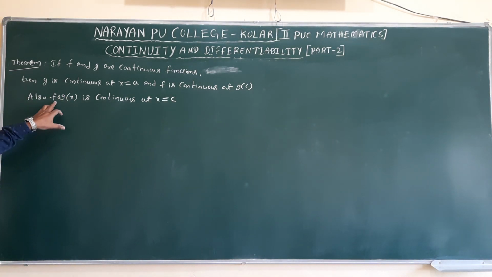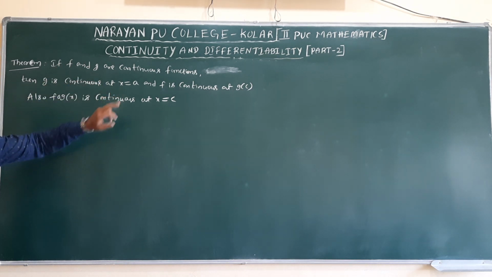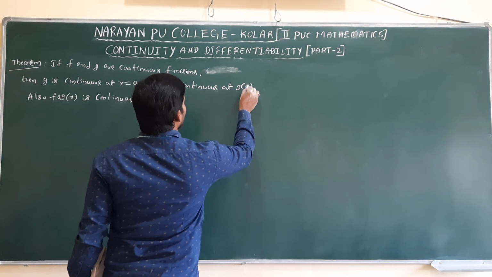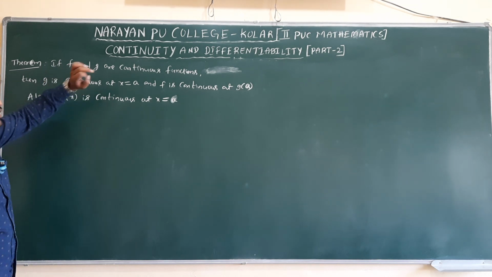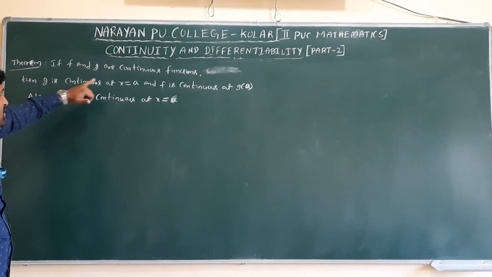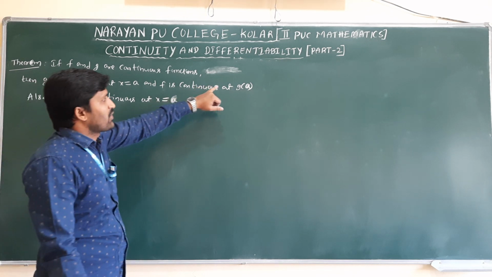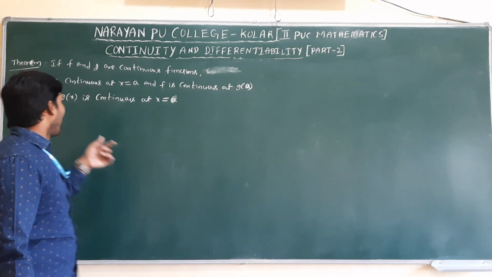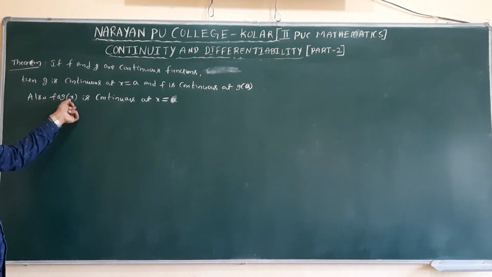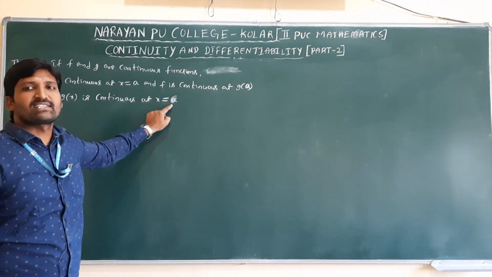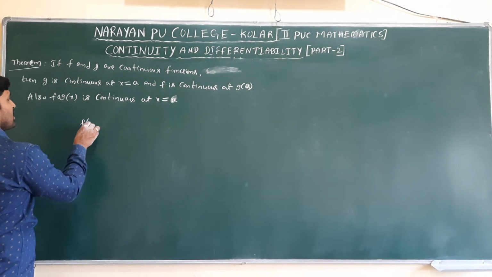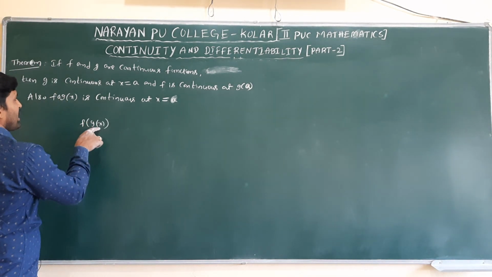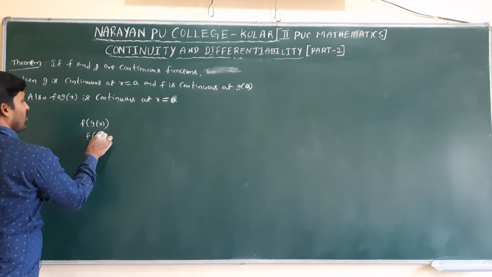When we compose two functions, where g is continuous at a point, a or c, no problem. If f and g are two continuous functions, where g is continuous at a and f is continuous at g of a, then finally we can say f circle g of x is continuous at x equal to a. Condition understood? f circle g of x we can write as f of g of x, where x is a, so f of g of a.